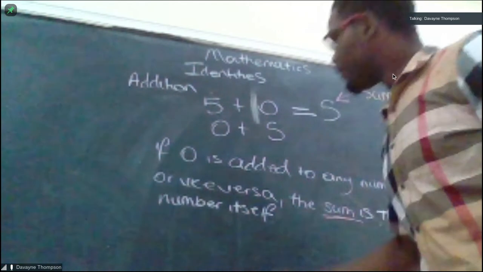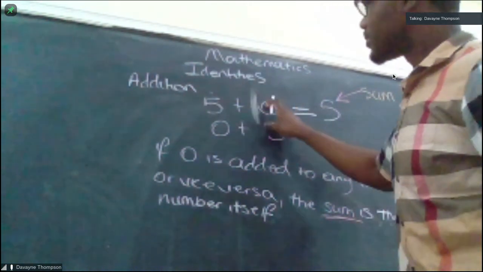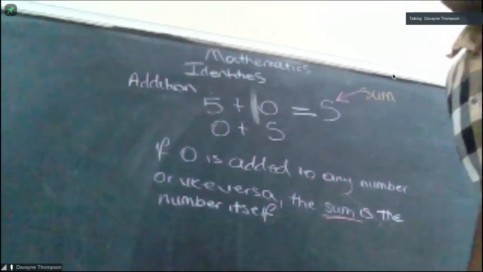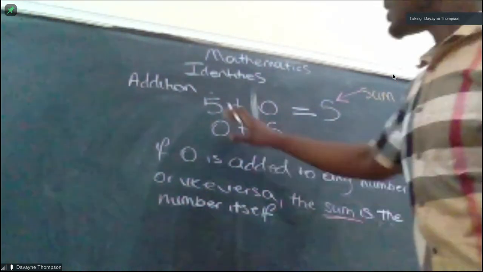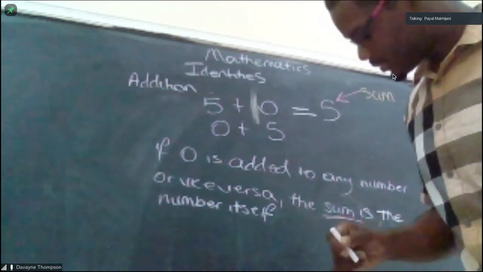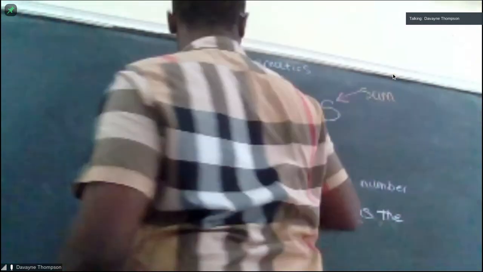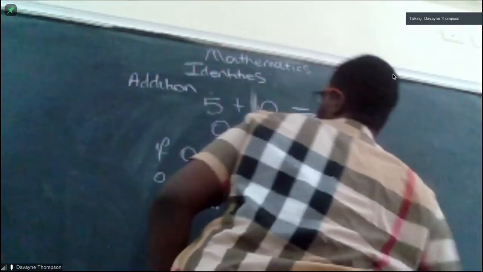Alright, quick revision. What do we call these two terms? Pair. We're dealing with addition. Each term in an addition is called what? An addend. Excellent. An addend. Alright? I'm going to just quickly put it over here.